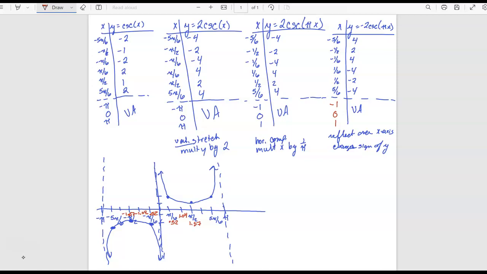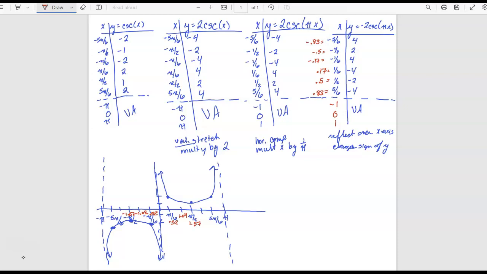So we've got those decimal representations. So what is 5 over 6? 5 over 6 is 0.83. And that's 1/2. 1 over 6 is 0.17. So this would be negative 0.17, negative 1/2, and negative 0.83.